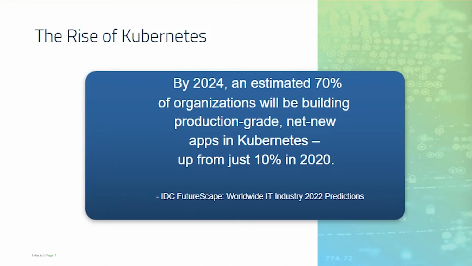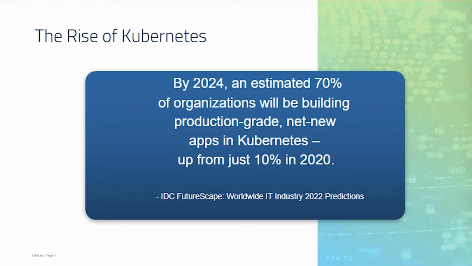First and foremost, when it comes to applications on Kubernetes and cloud-native applications, we have a statistic here from IDC, which has done a lot of great reports over the past many years. This is from their latest report, their 2022 predictions, estimating that by 2024, 70% of organizations are going to be building new production-grade applications on Kubernetes, which is up significantly from just 10% in 2022.